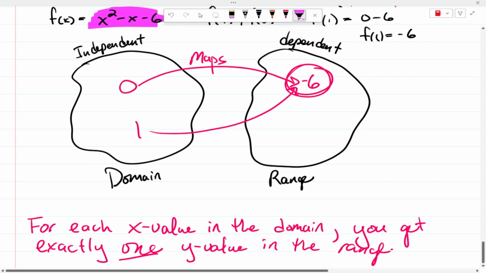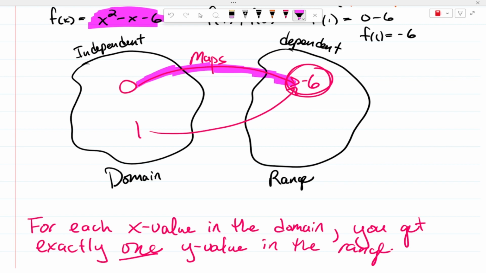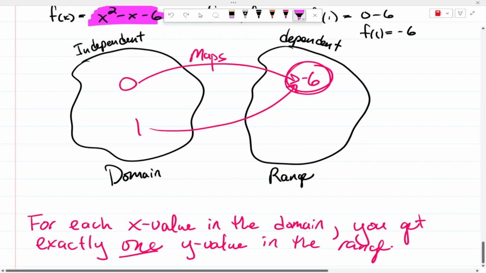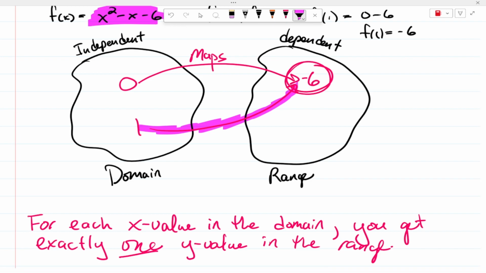So the independent value 0 only maps to the number -6. The independent value 1 in the domain only maps, or only points, to the -6 in the range. Therefore, this is a function.